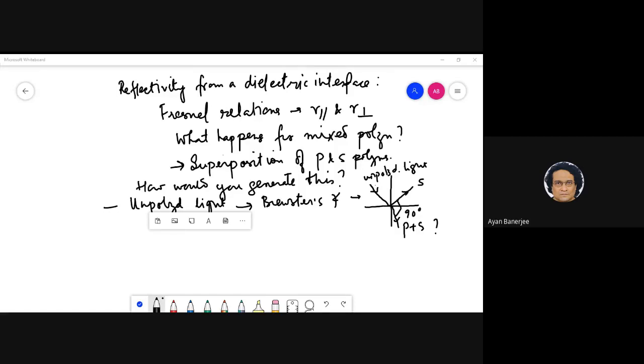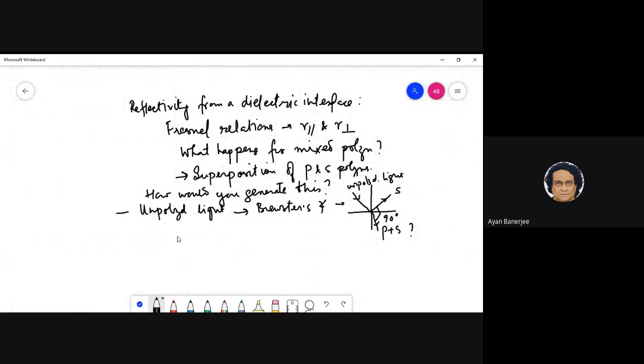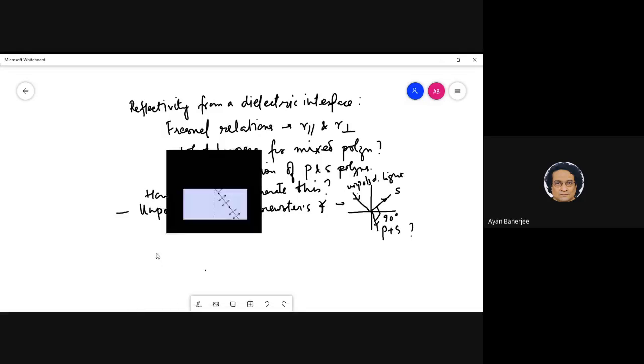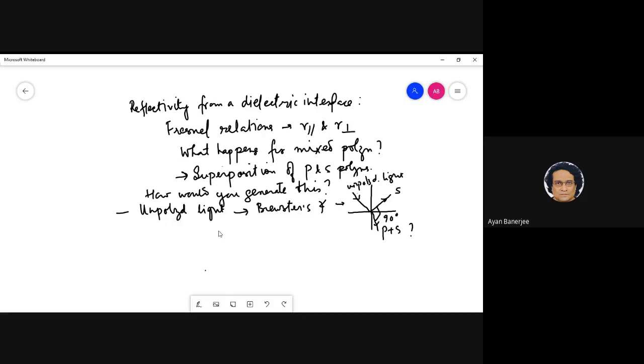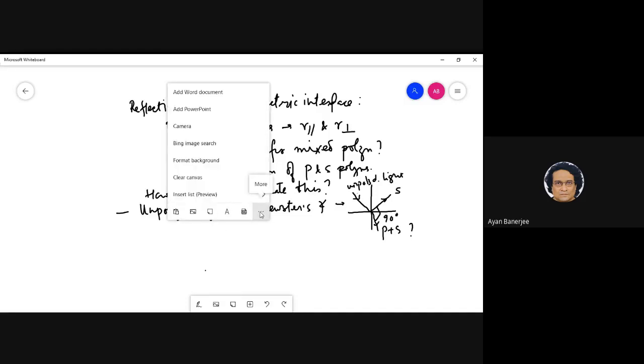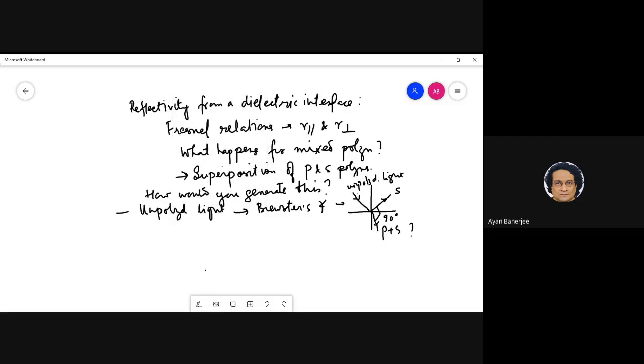I'll paste it. Can you paste it? Where do you paste? Why can I not paste? It should be just pasting, no?